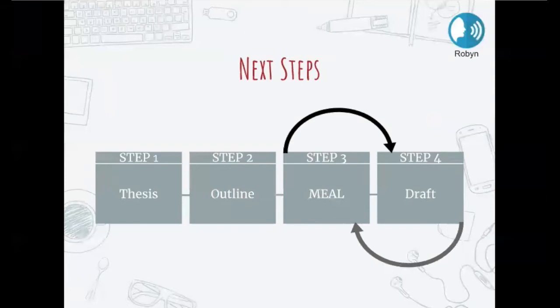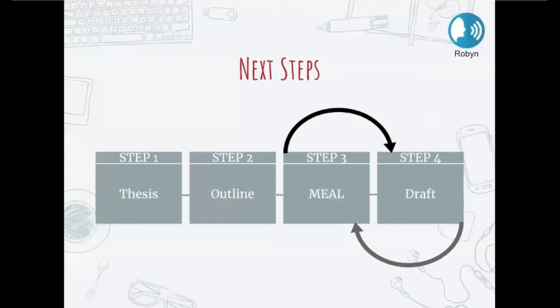Hopefully we gave you some strategies that you find useful for evaluating your thesis. We practiced, and you had an opportunity to get a little bit of feedback on what people might expect to hear in your paper and see a sample outline. And then we gave some quick tips for drafting as well as MEAL as a tool that you might use in your drafting.